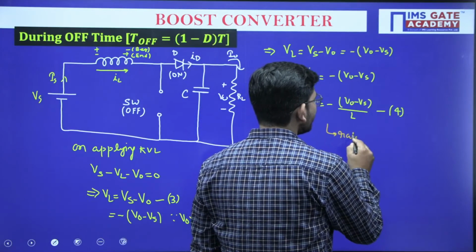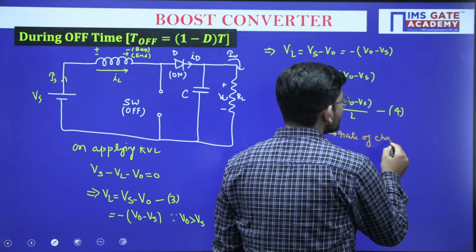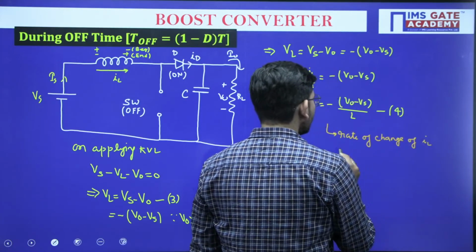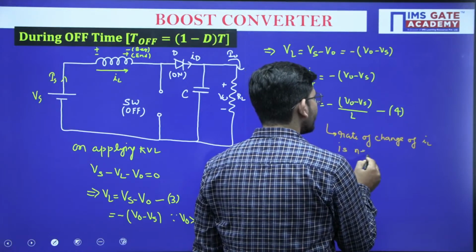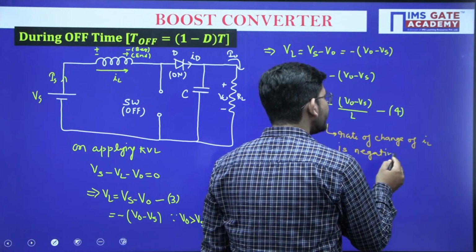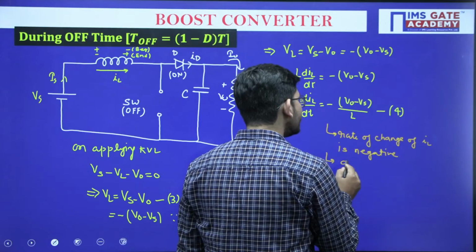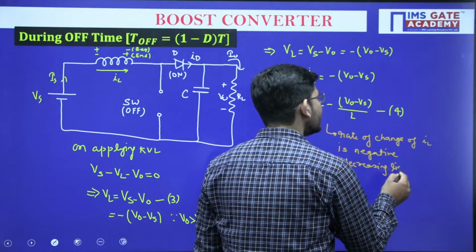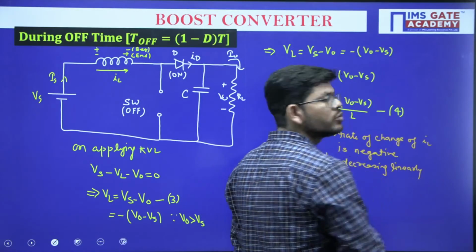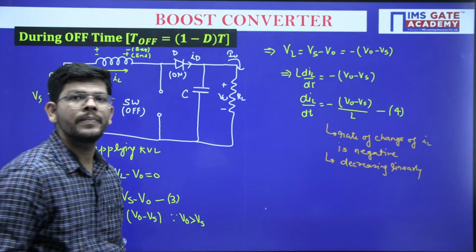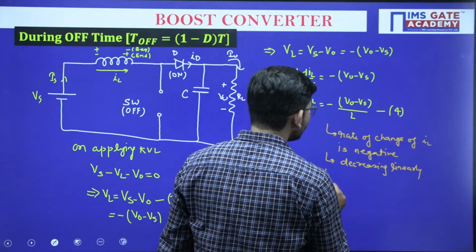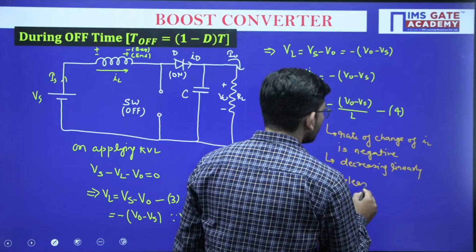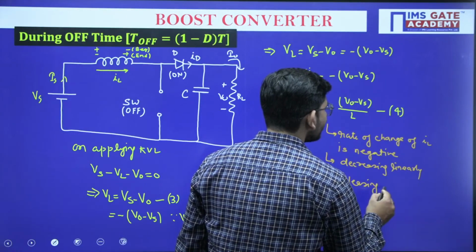So the rate of change of inductor current IL is negative here. That means it is decreasing linearly. It represents a slope. And when the inductor current is decreasing, the inductor is releasing energy.